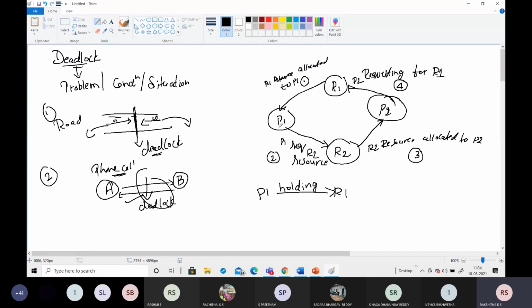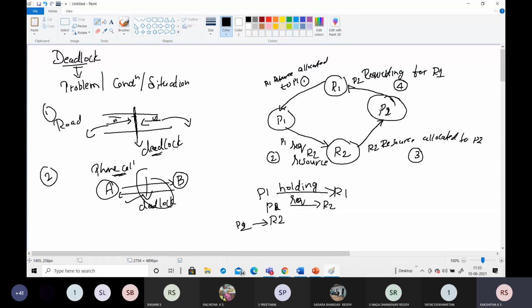So now P1 is holding R1, because R1 is already allocated to P1. But P1 is requesting the R2 resource, and R2 is already allocated to P2.